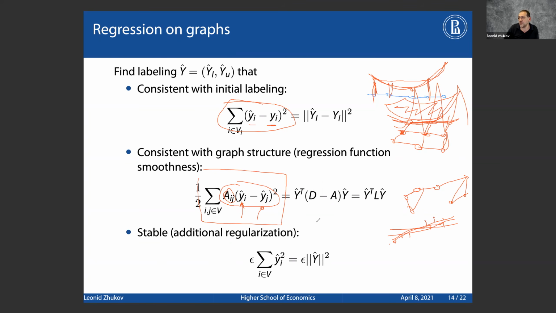We calculate the value and we want this difference to be small, right? It's going to be small only for those that are directly connected. You can also, in a traditional fashion, add regularization, which is you just don't want to have very, very large values in general. So you can use that factor.